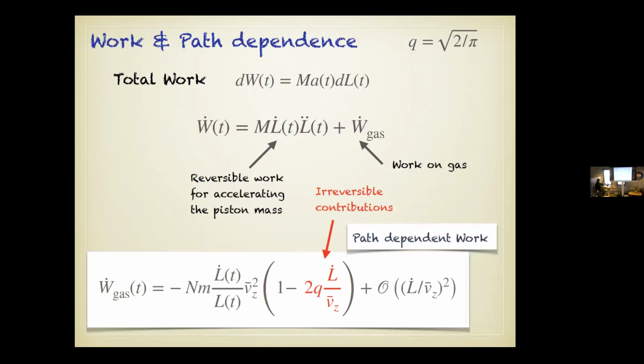Good. Now I can look at the total work that I have to perform. So this would be the work integral, the force I use to accelerate the piston times the path that I take. If one does the computation, you actually see that you get one term that is m L dot squared over 2, which is the classical one.